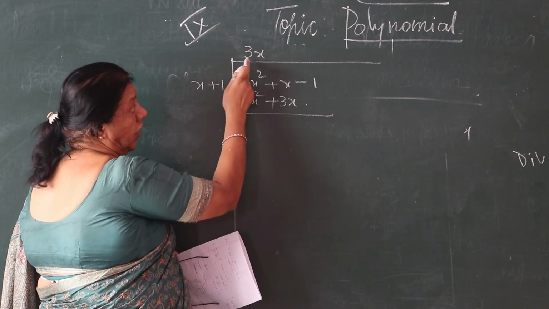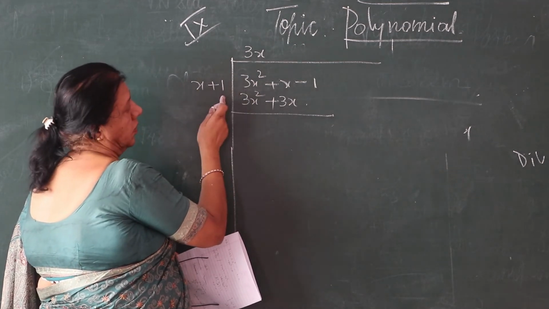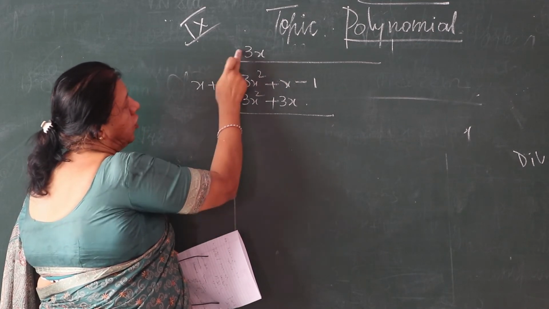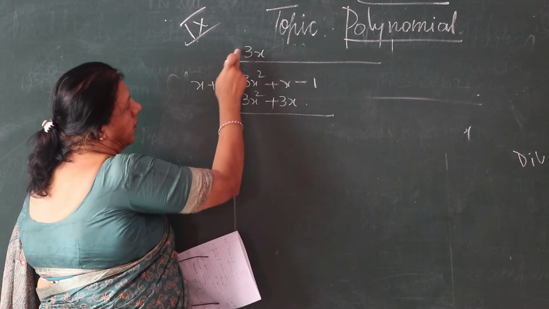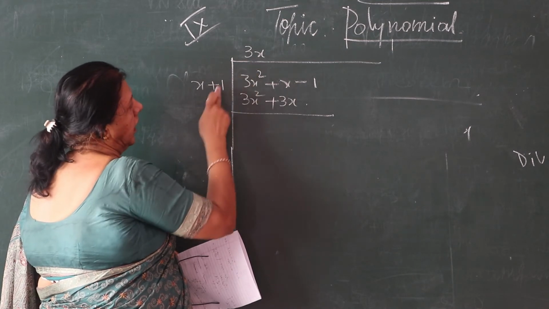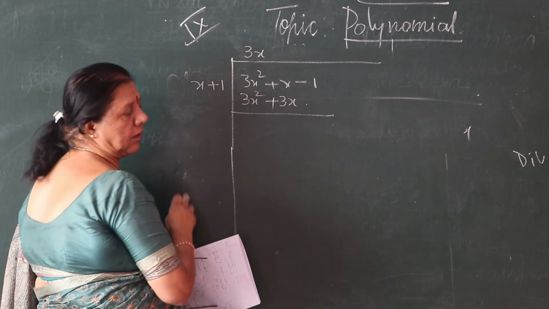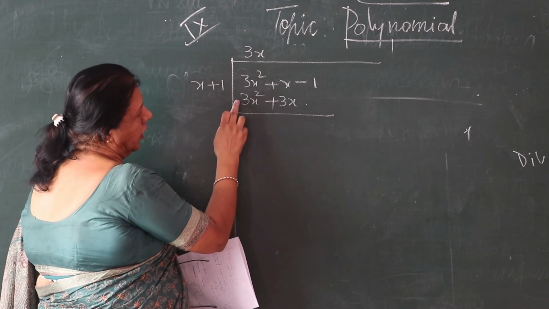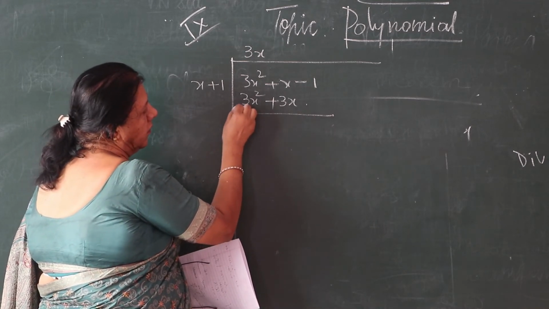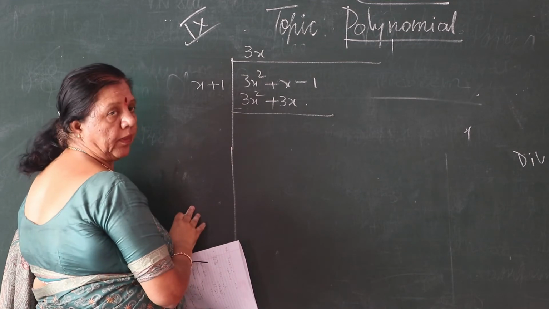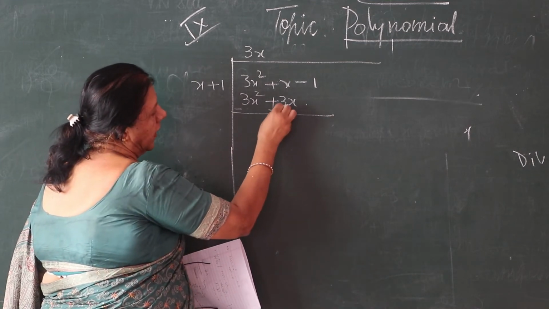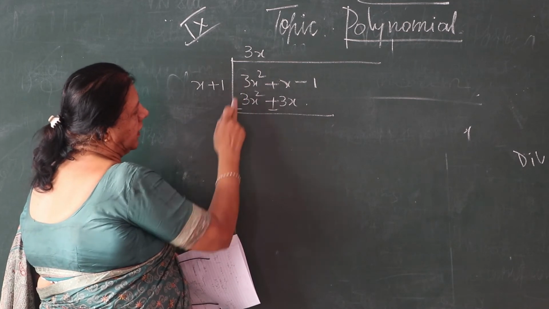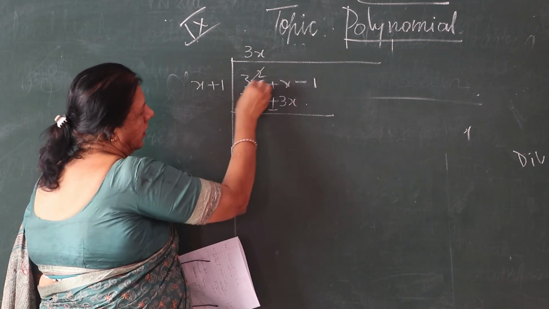Plus this minus. Here plus is there, make it a minus. Now subtract it. Here plus is there, here minus is there.